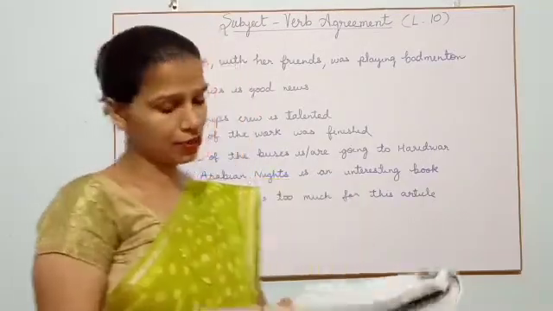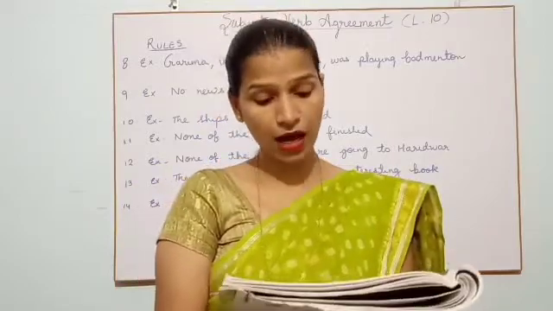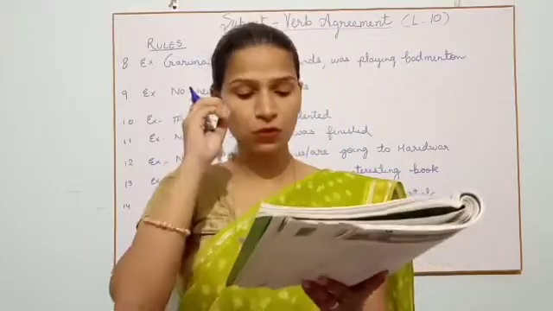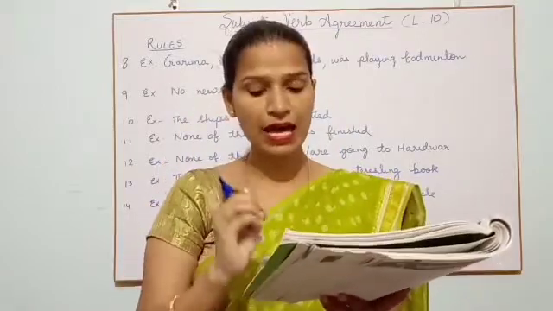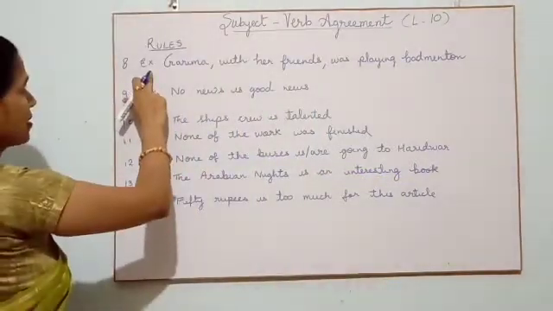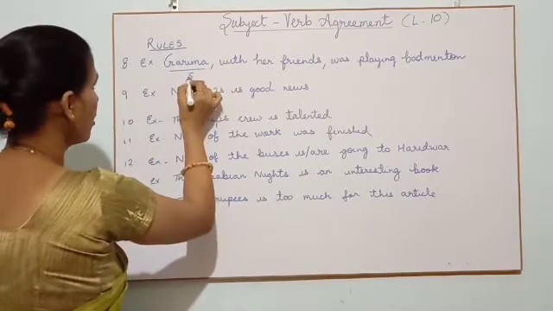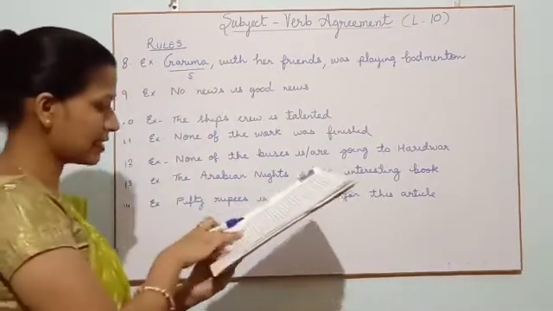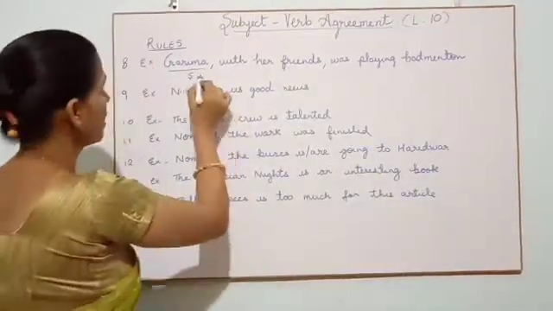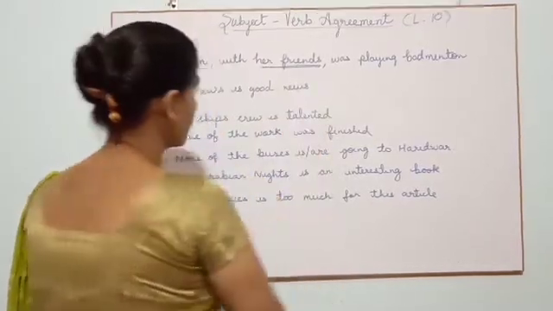Now we have our 8th rule, according to which when a singular noun is connected to a second noun with the word with or as well as. We will see. Garima, it is your singular. Then it says when a singular noun is connected with a second noun. Is it connected? Yes, it is connected with the second noun.